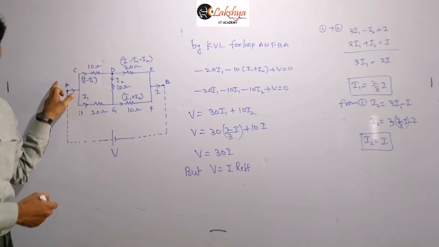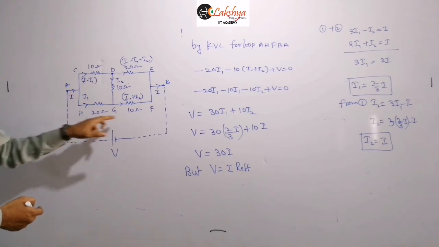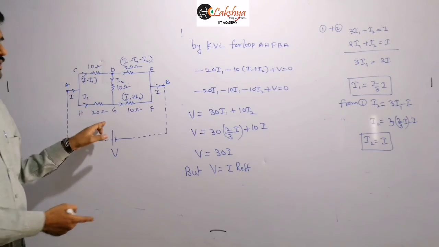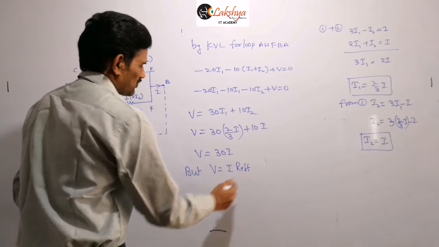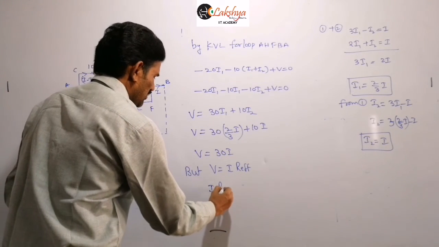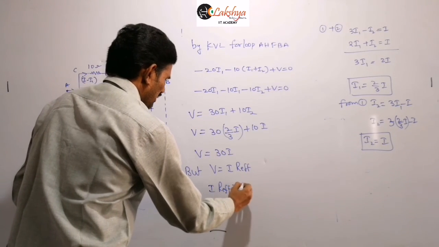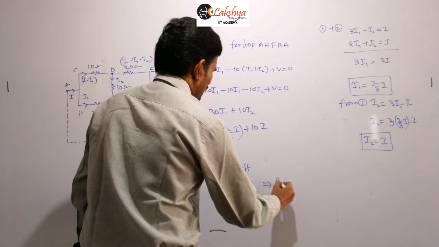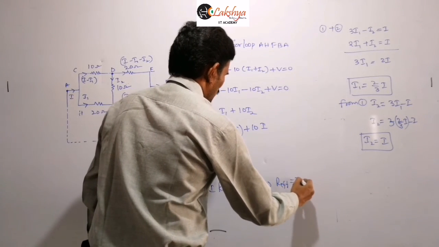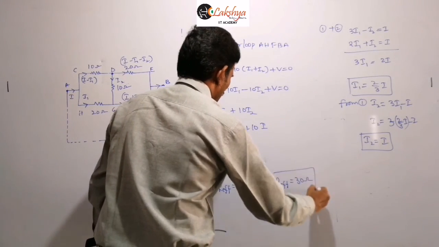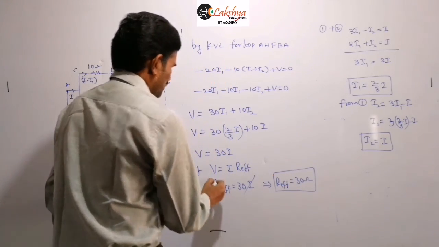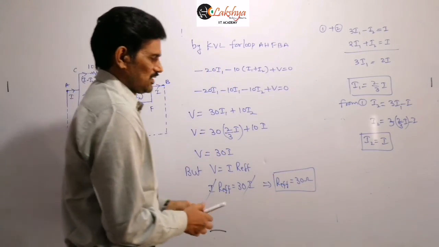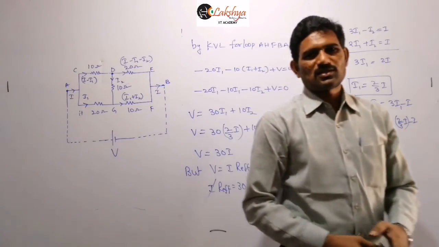That is our equivalent resistance. So the total circuit is replaced with a single resistor R effective. Therefore I into R effective is equal to 30 I, and by cancelling I, we conclude that the effective resistance in that circuit is 30 ohms.